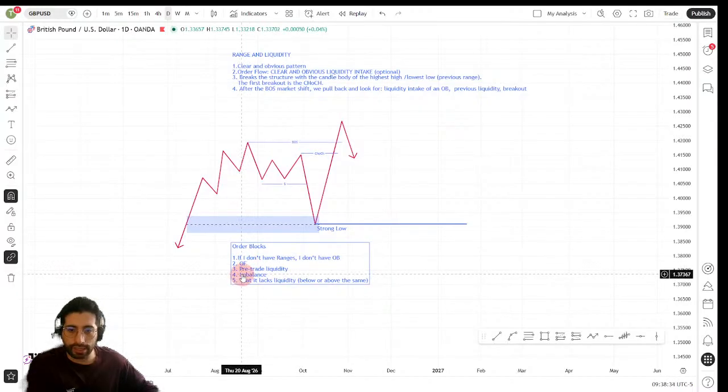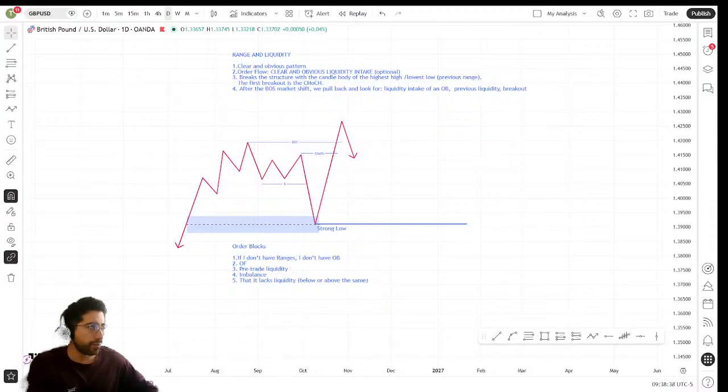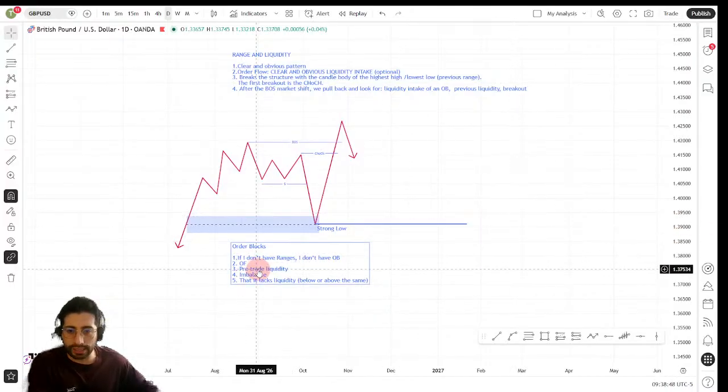The third one is that it needs to have pre-trade liquidity. It means that it should have liquidity prior to its existence, right? We're gonna see it in a minute, right? And then to have better confluence, it should have an imbalance. Also, in the order block class, I explained the imbalances.